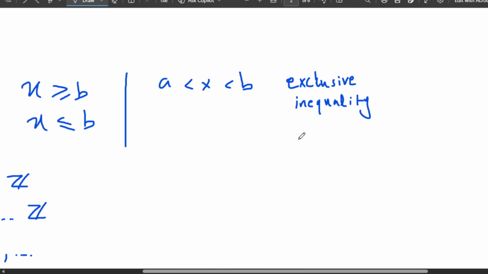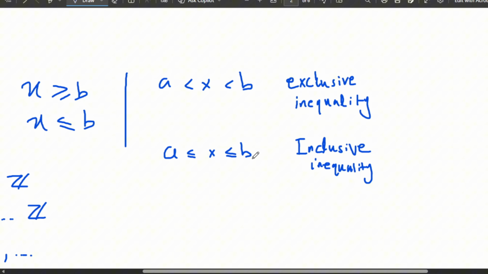There's another term called inclusive inequality. Well, it has the equals, so there is a and there is b in the group of numbers.